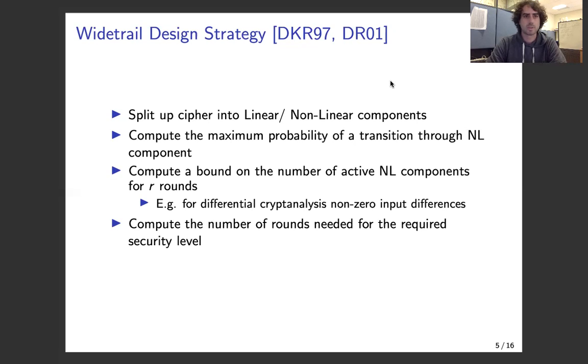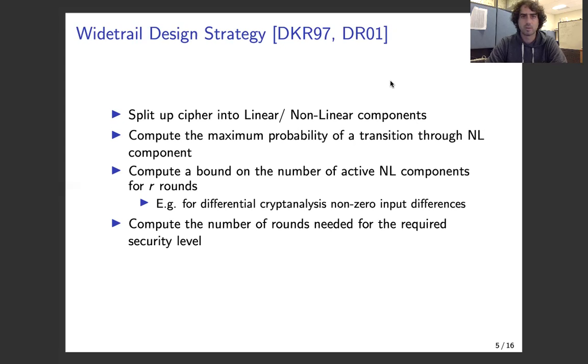To do this, we split the cipher into linear and non-linear parts, and as usual, we will take the non-linear components to be S-boxes. So from now on, I will say S-box and non-linear components a bit interchangeably.